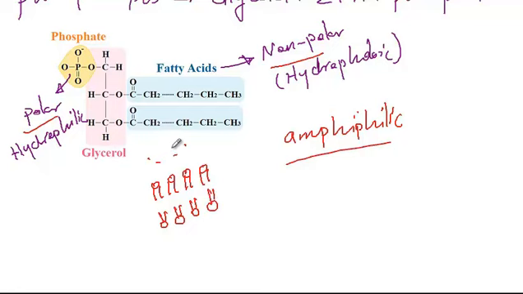So here we have the extracellular space that has so much water, as well as intracellular space, which again has water. So therefore the polar heads, which are hydrophilic, are now in contact with water, while the non-polar tails, which were fatty acid and are hydrophobic, are avoiding the water content of the cell.